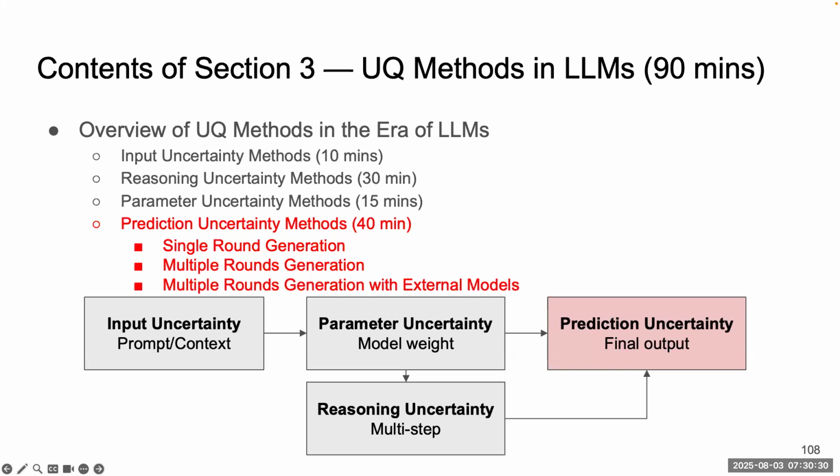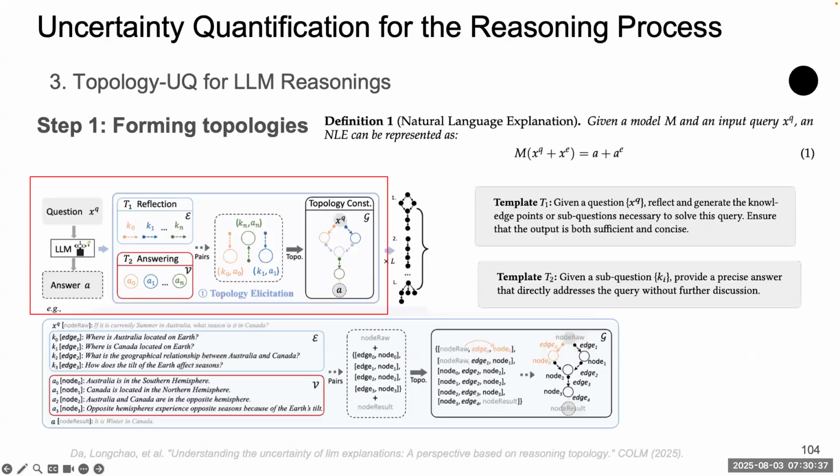Could you say again how the reasoning steps are extracted from the LLMs? Because I think there's evidence that what the LLM outputs is not necessarily a true reflection of how it reaches the conclusion. So is that an assumption of the approach, that they take the output from the LLM, which may not necessarily reflect how it reached it? Yeah, for this paper, I think they're positioning it as LLM explanations rather than reasoning steps.